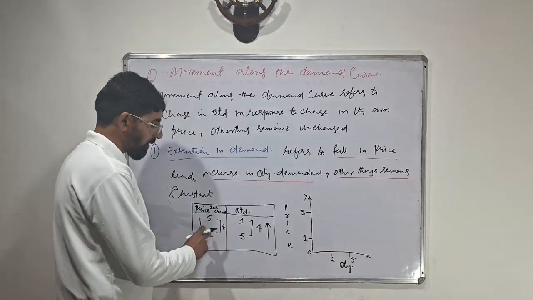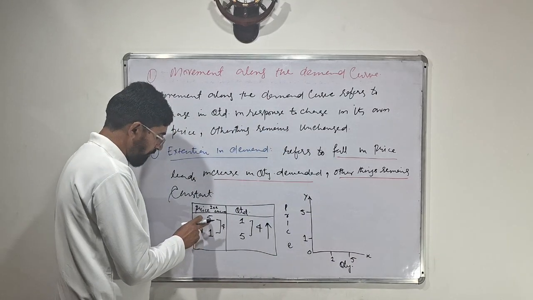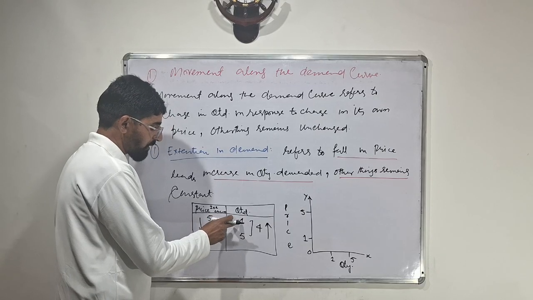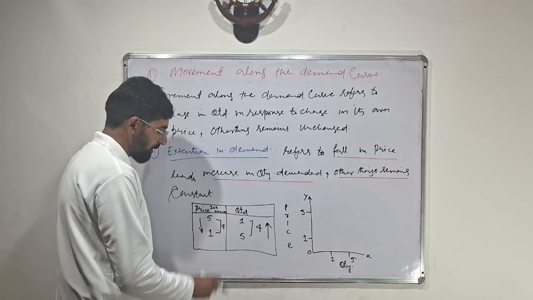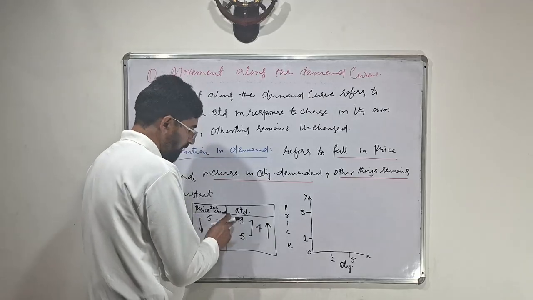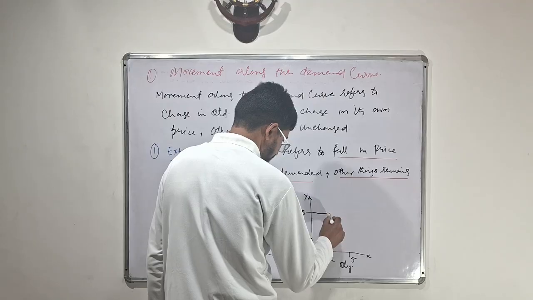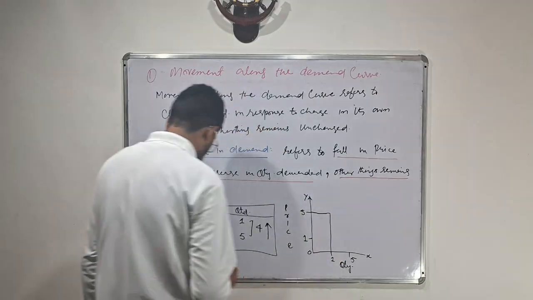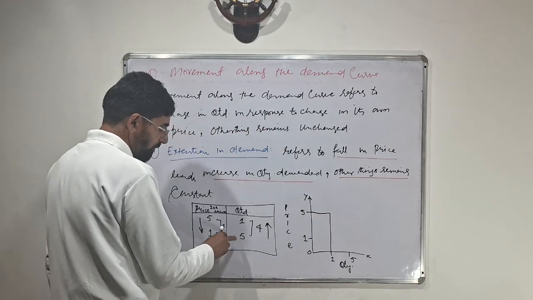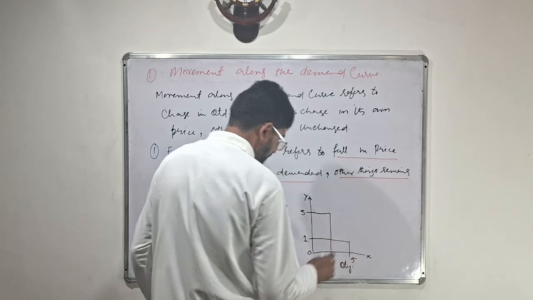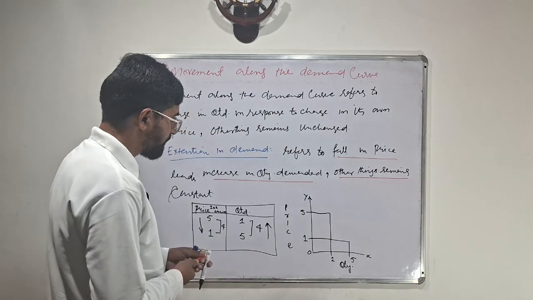As per the schedule, I have to join these. At price 5, quantity demanded is 1, so we join 5 with 1. Similarly, 1 with 5. Now I will join the points.